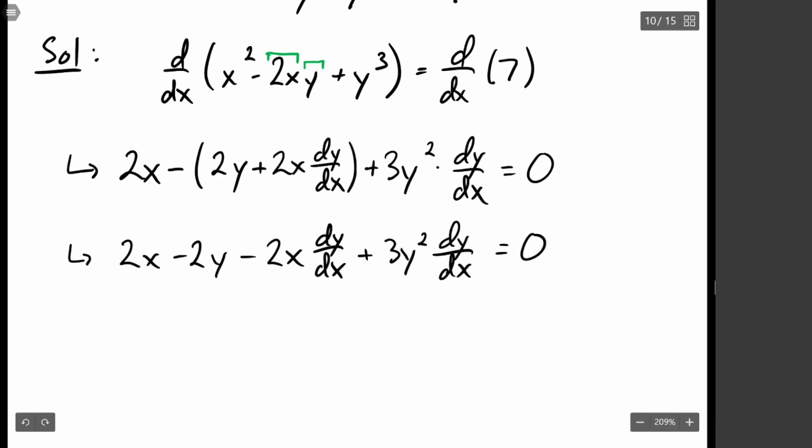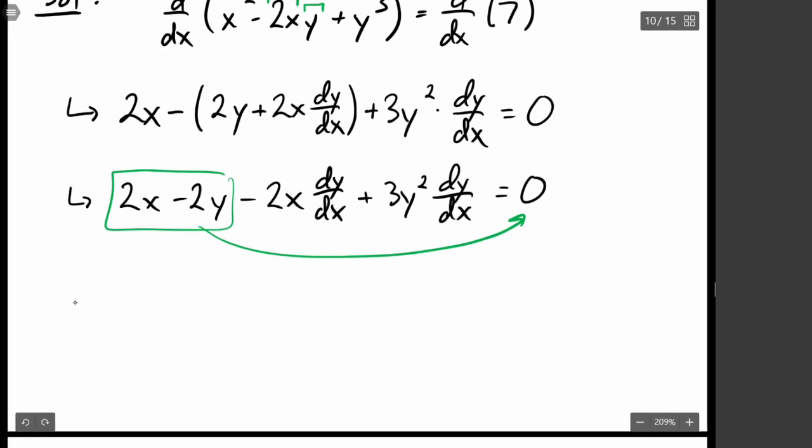Once we get everything expanded out, we want to gather all the terms with the derivative on one side and all the terms without a derivative on the other side. So in this case, we want to take these two and move them over there. And with the terms that are left over, we can factor out dy/dx.